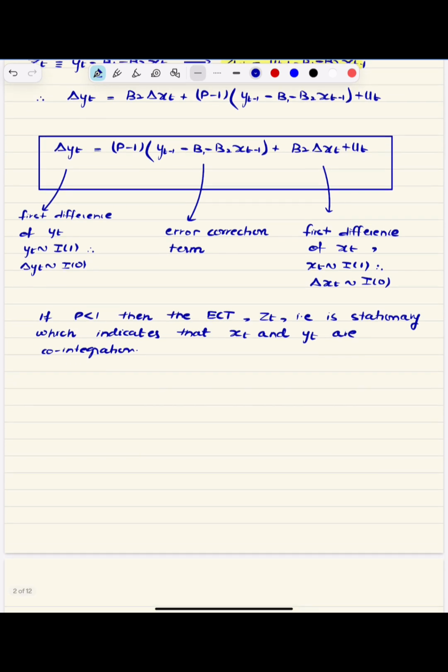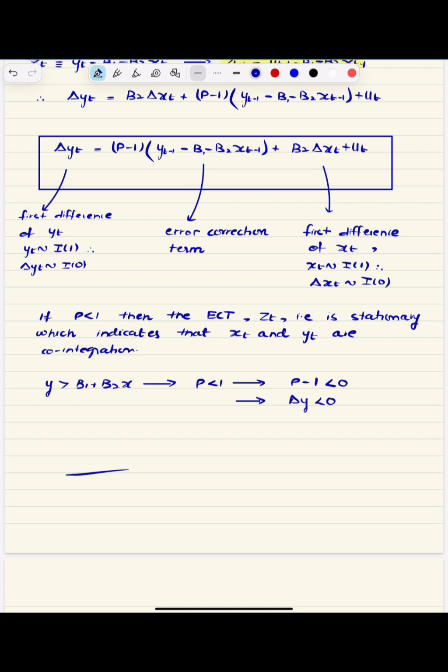Okay, so let's see what happens if there's any shock in output. Suppose y actually rises above the long-run equilibrium, where this is the long-run equilibrium. Since rho is less than 1 in order for x and y to be cointegrated, the coefficient next to this term right here is negative, which means that any positive impact will lead to a fall in output.